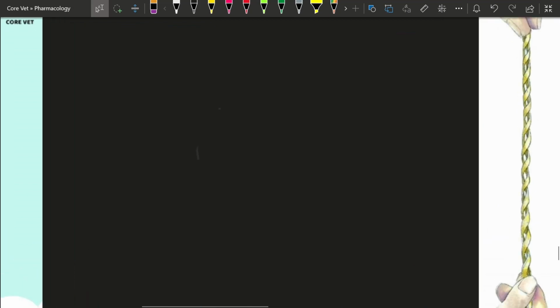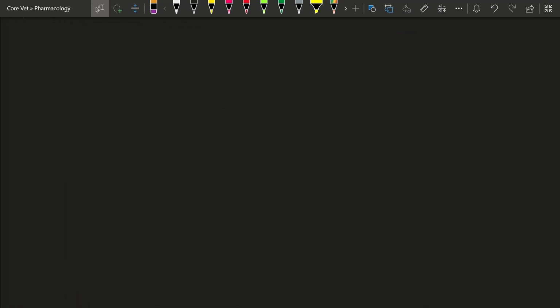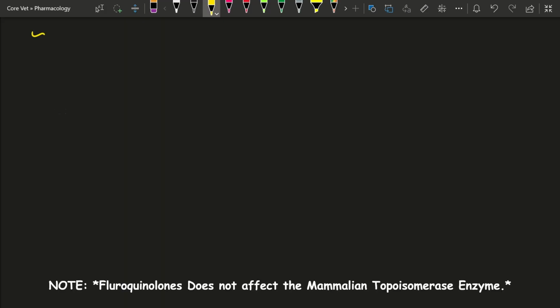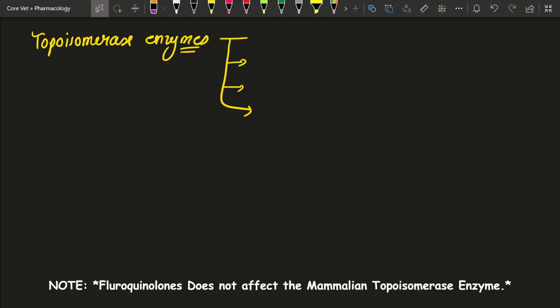So starting with the mode of action, first let me discuss the base, because it is quite important to clear the base before starting the mode of action. In your schooling you must have studied the topoisomerase enzymes, while understanding replication, right?